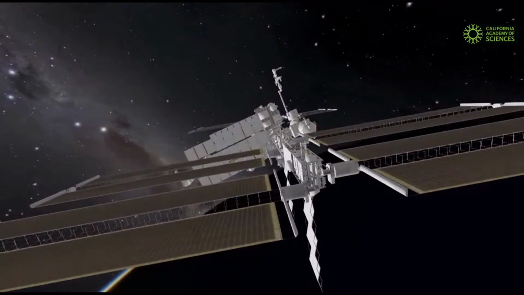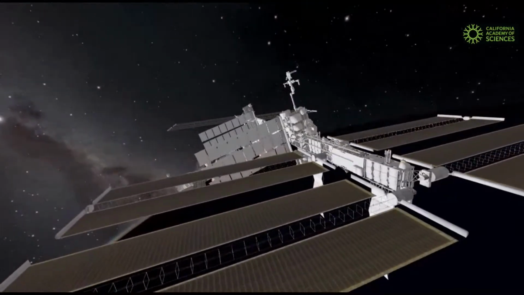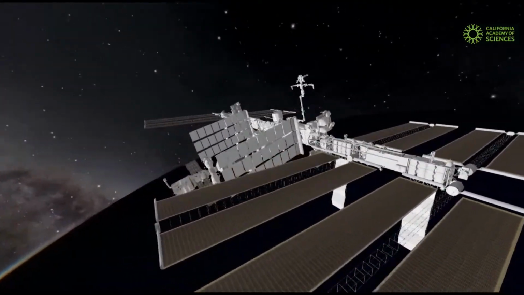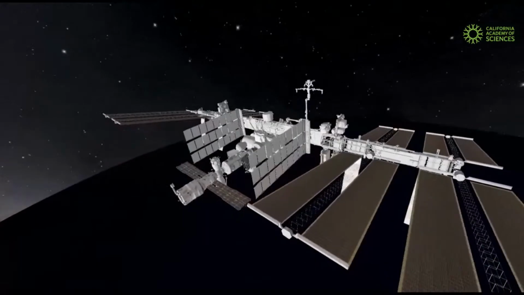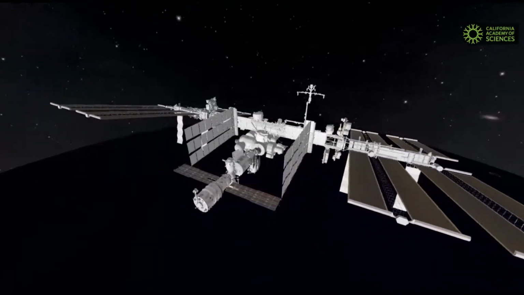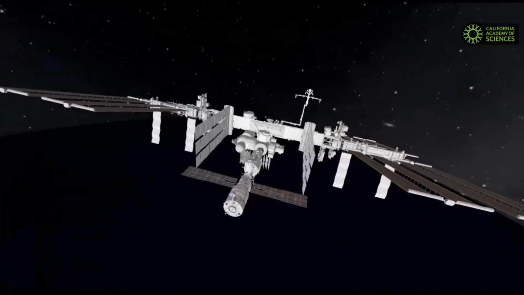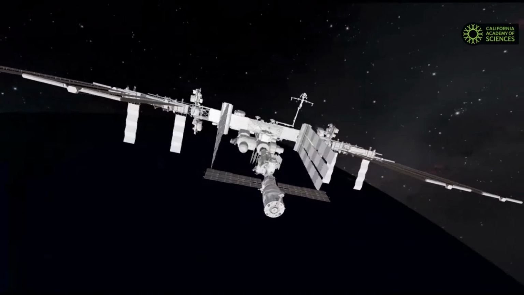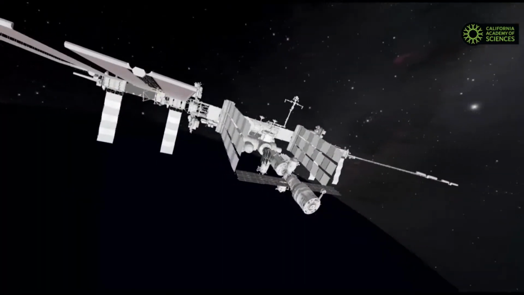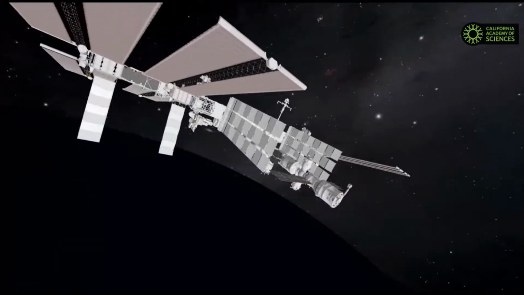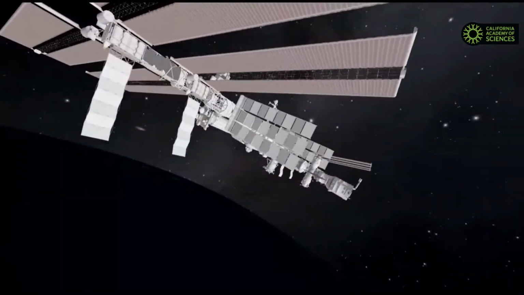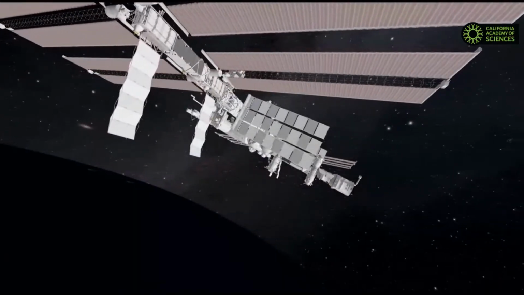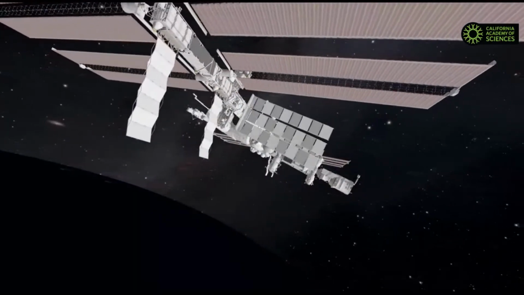It's made of a number of different modules and compartments, as you can see, and it's expected to continue operation possibly until 2030. NASA is trying to see if they can extend that a little bit, or get to work building a new space station.